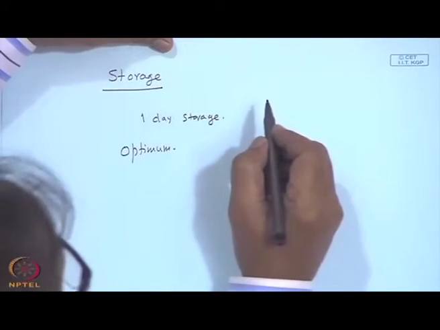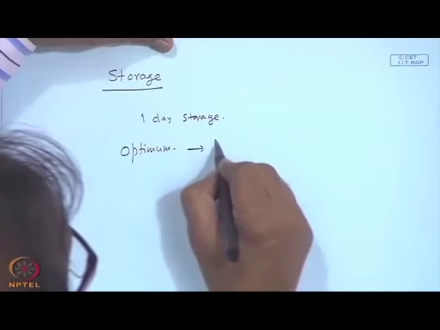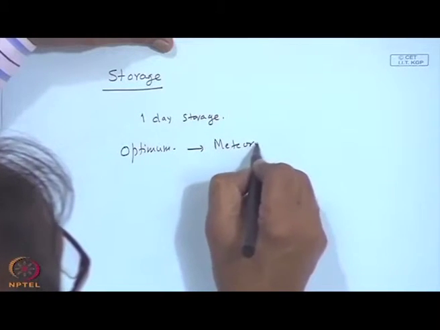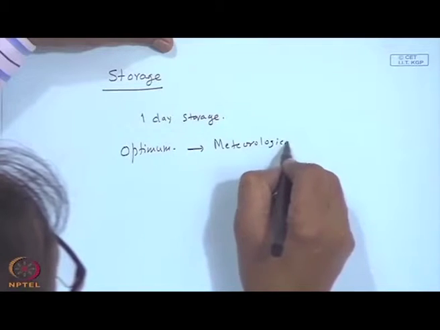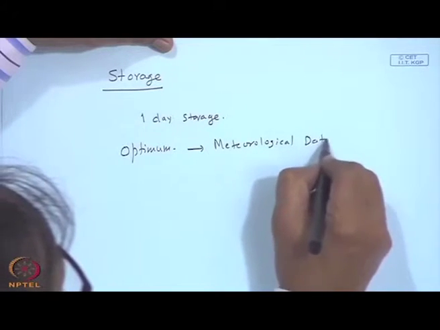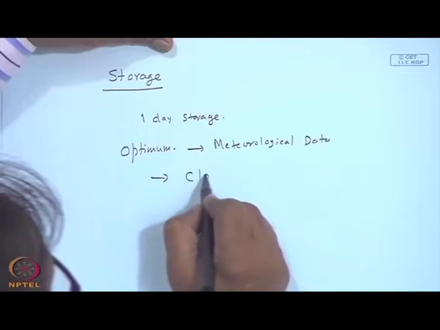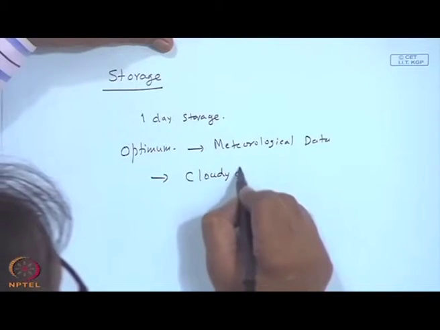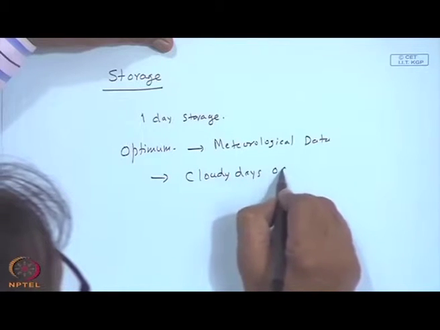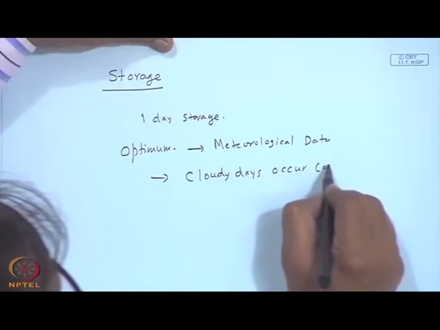one has to go through this. This requires meteorological data, which essentially shows how many cloudy days occur consecutively.